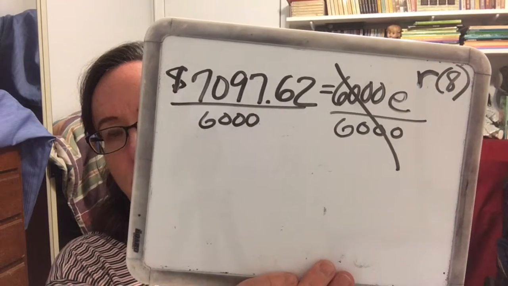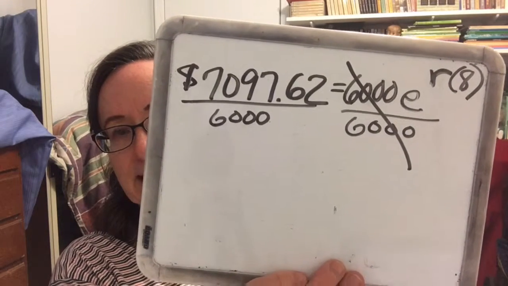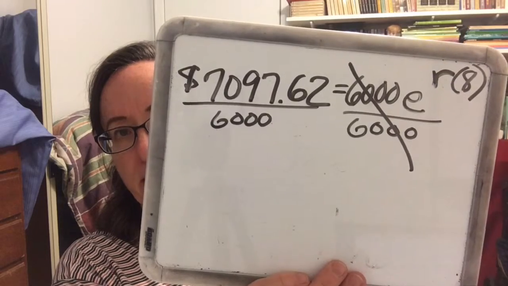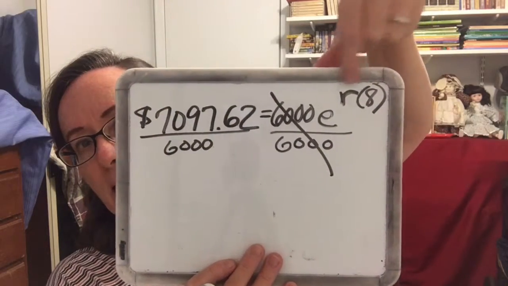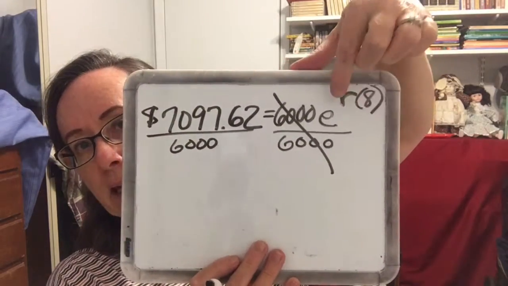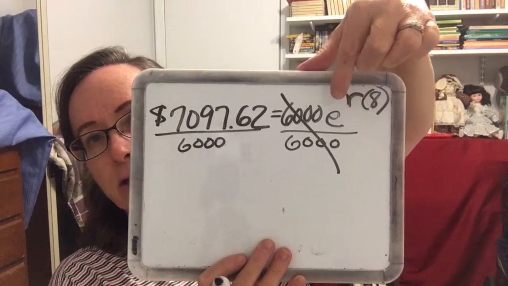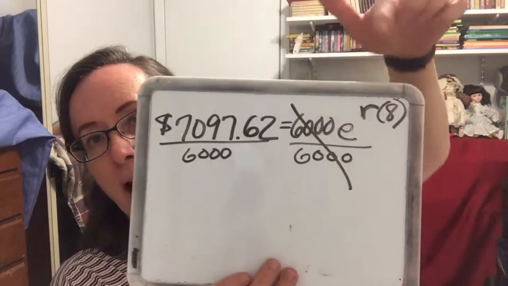Now I'm going to leave this as exact as I can, and I'm going to use my calculator at the end. So what I'm going to do now, since I have everything I need is up here in the exponent of the e, base e, I'm just going to take the natural log of both sides, because that's how we separate the exponent from the e.